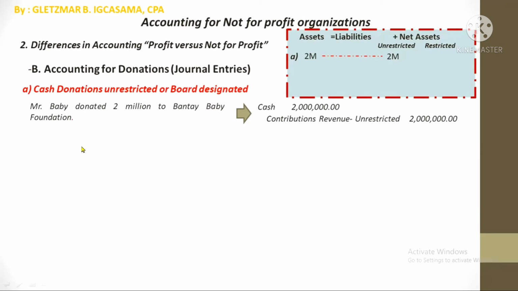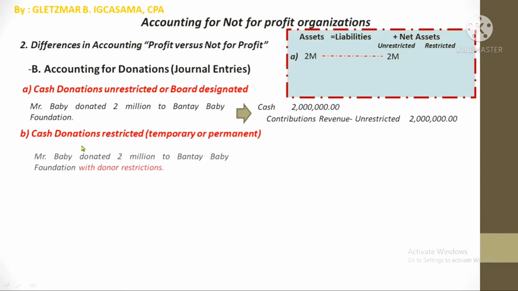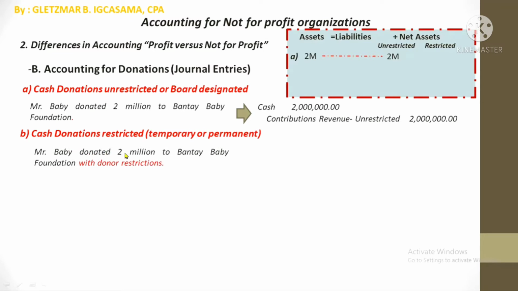Next, we have cash donations, but the donors placed restrictions on their donations. Here, we don't really care if the restriction is temporary or permanent. The entry will still be the same. So let's have an example. Mr. Baby donated 2 million to Bantay Baby Foundation with donor restrictions.